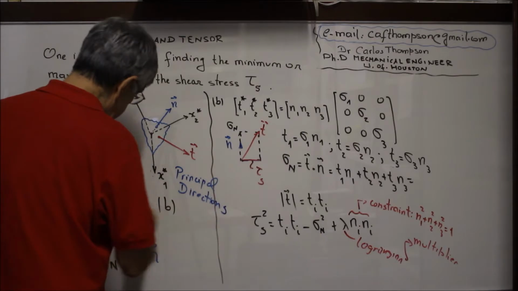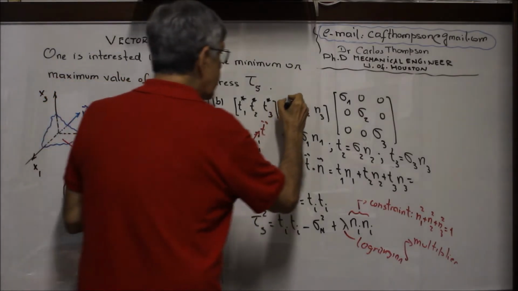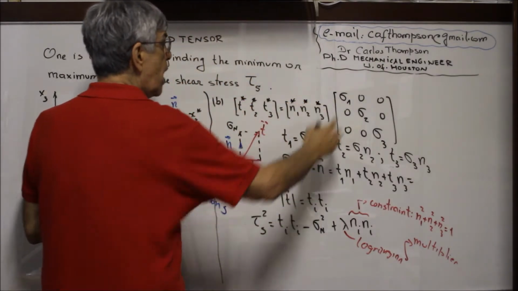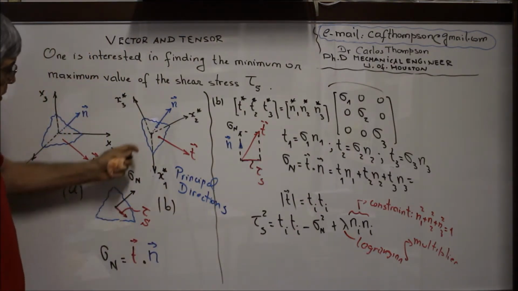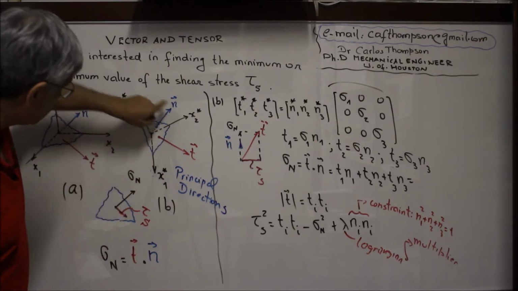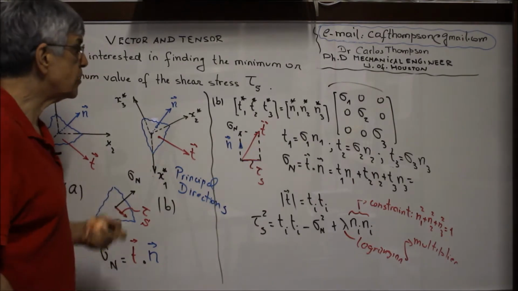The vector is the same in case A and case B, and the components are different. Now, here is the stress tensor in this direction. In this direction, the shear stresses in the 1, 2, and 3 directions are 0.